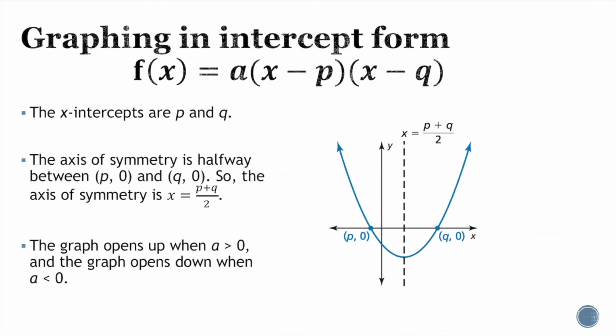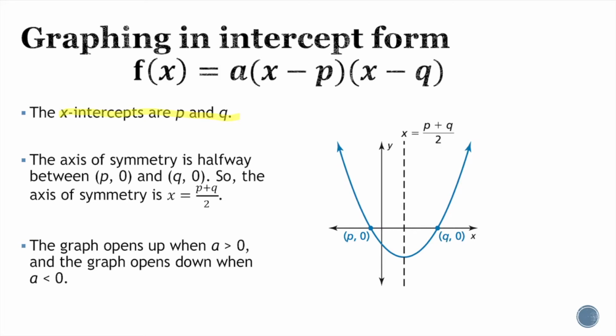So, let's go over some definitions. Like I said, those numbers are represented by p and q, as you see. Now this is my intercept form: f(x) is equal to a times (x minus p) times (x minus q). Now, p and q are my x-intercepts.